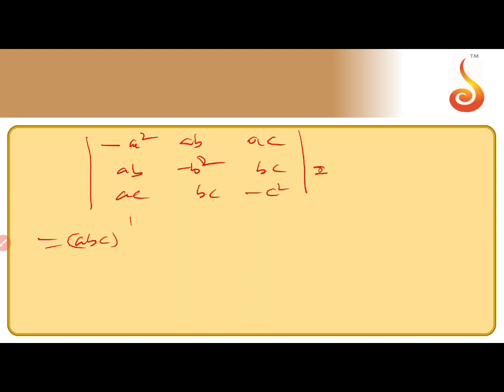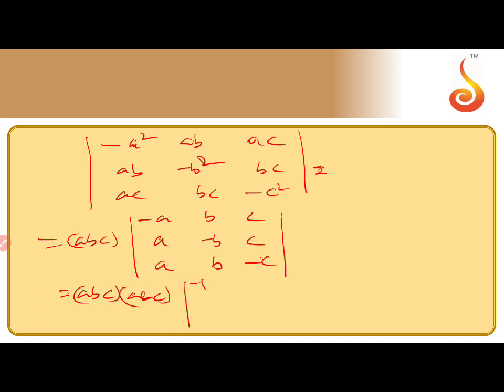So that means minus abc. Then here b common means a, minus b, c. Here c common means a, b, minus c. Again, the first column a common, second column b common, third column c common. We get abc into abc. The remaining portion is minus 1, 1, 1; 1, minus 1, 1; 1, 1, minus 1.